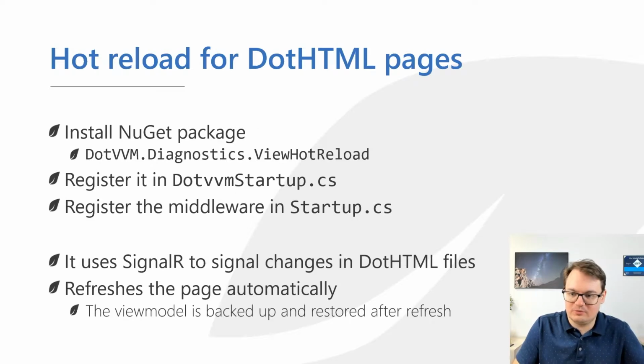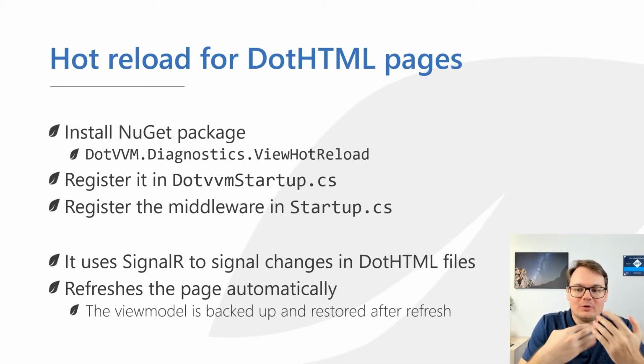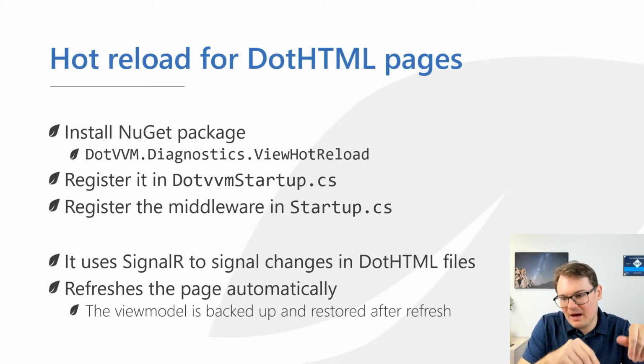And because the view model can be used to represent the state of the page, what we are doing is basically that we will back the view model up, and after the page is refreshed, we will restore it to the original state. So if you have filled some information in the page and then change the markup, you won't lose these changes.